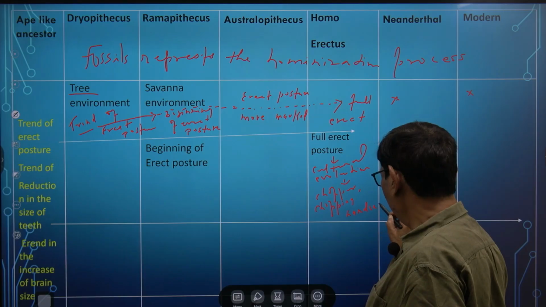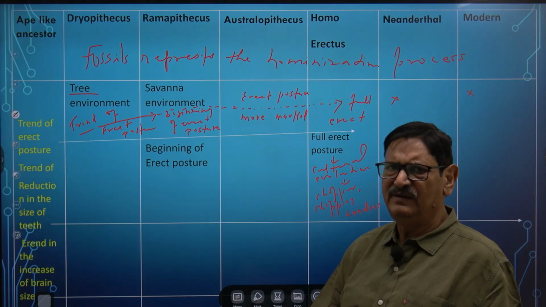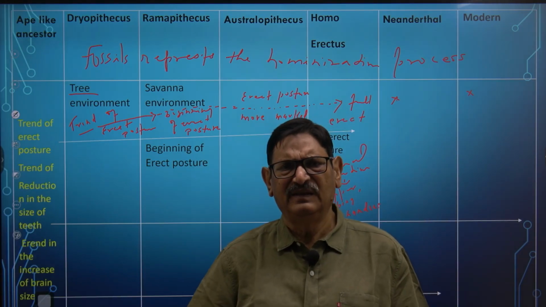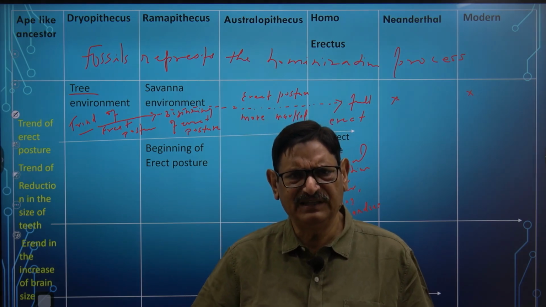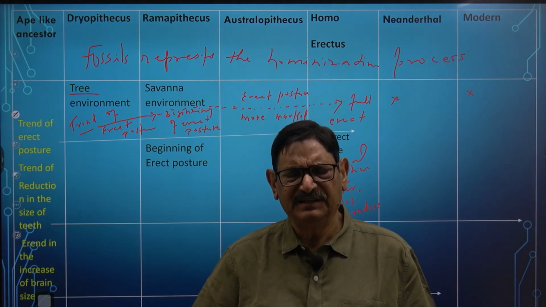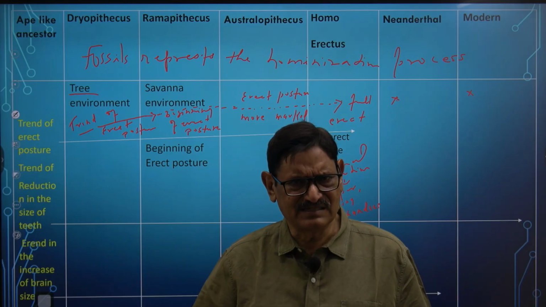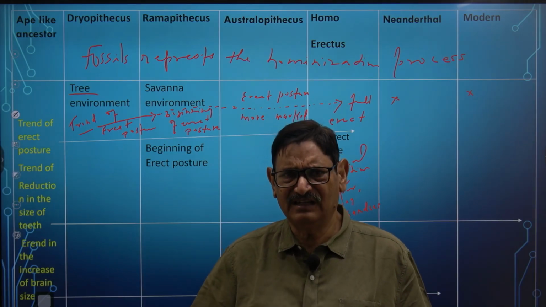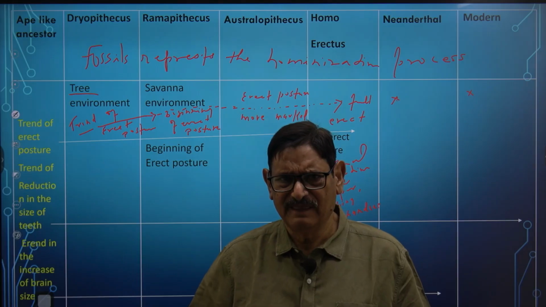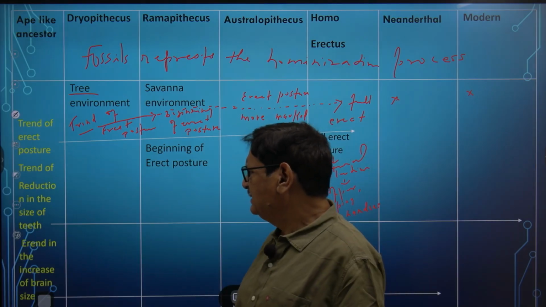This is lower Paleolithic, followed by middle Paleolithic. Lower Paleolithic was the creation of Homo erectus, and the making of tools laid the foundation of cultural evolution.